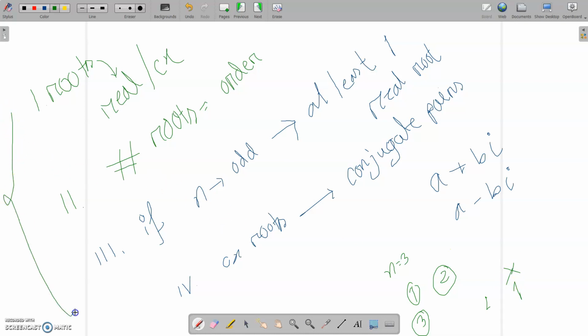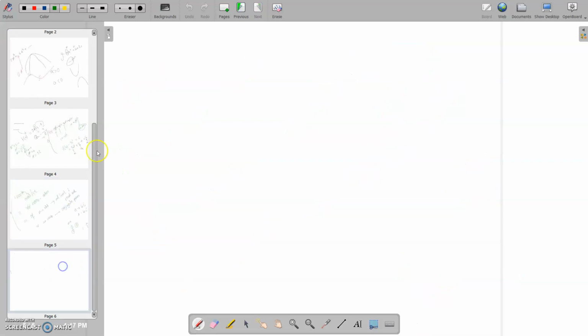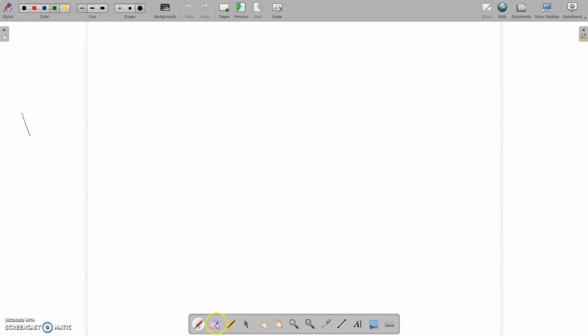Now the question is, how do we calculate the root? How do we find the roots? Different methods are actually proposed to find the root. Okay, let's come here. Say for example, when you have a quadratic equation, the general form of the equation is y = ax² + bx + c.